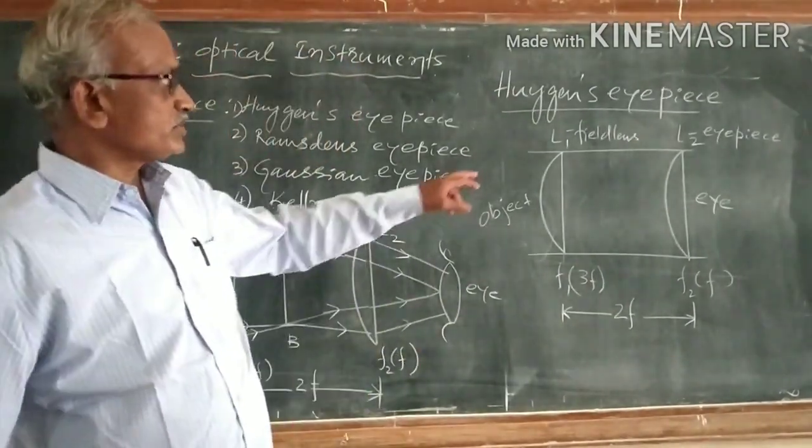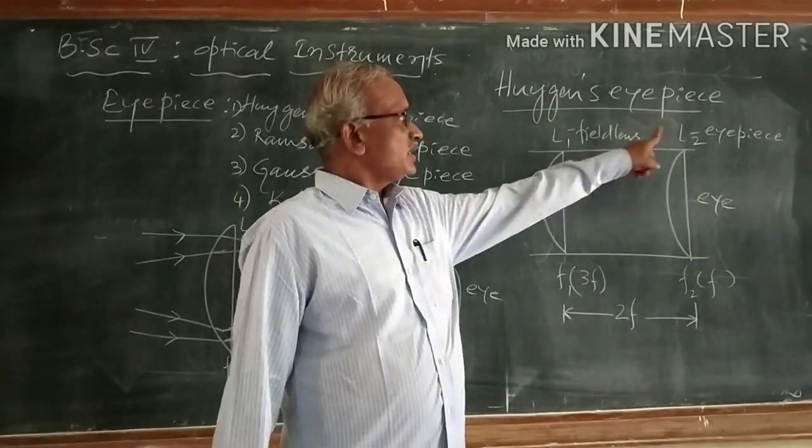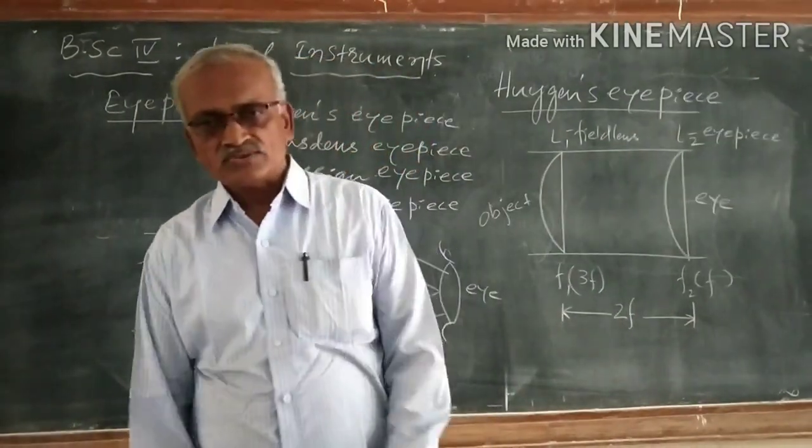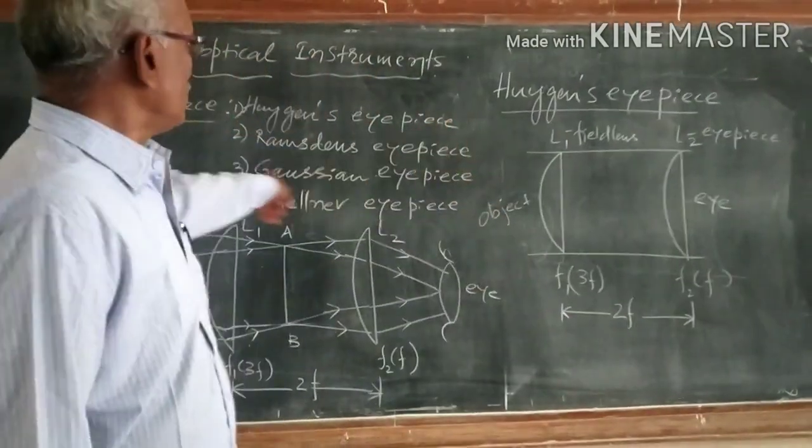Therefore, the combination of two lenses, field lens and eye lens, is called the eyepiece.